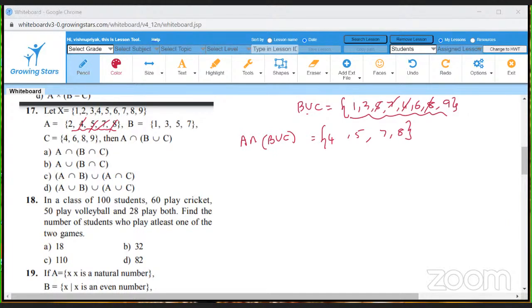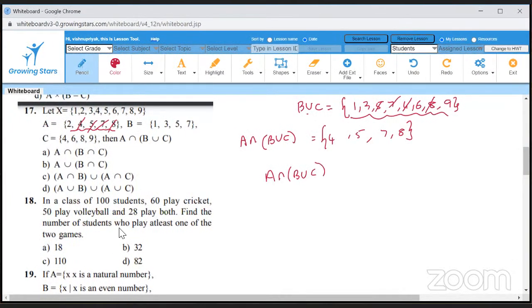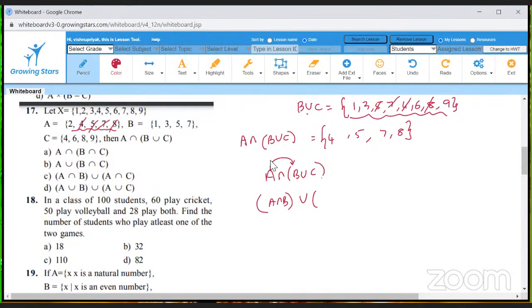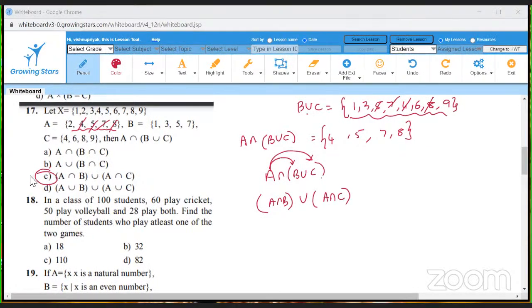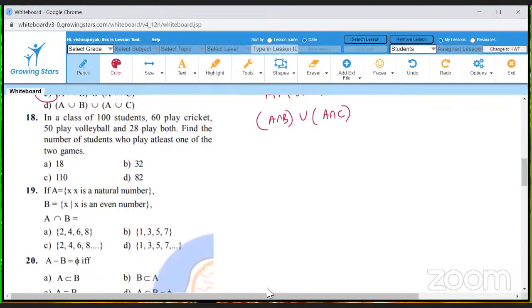You can check each and every option, but instead of that, we have a distributive property for this: A intersection B union A intersection C. So you have to take option C. Yes, now you are saying correct, Kumar, Vidya. Earlier, Kumar, you said B. Okay, you can go for 18.